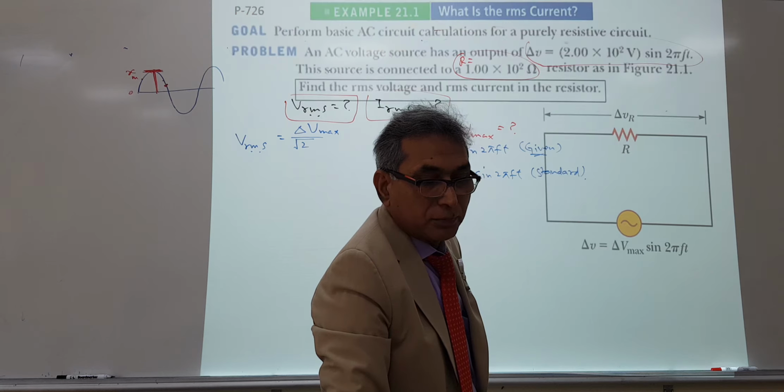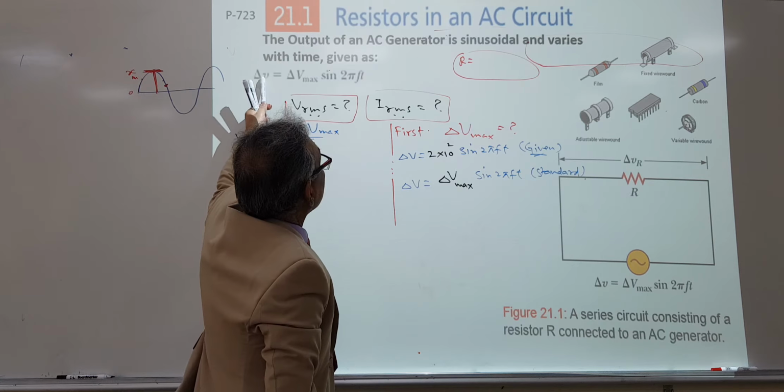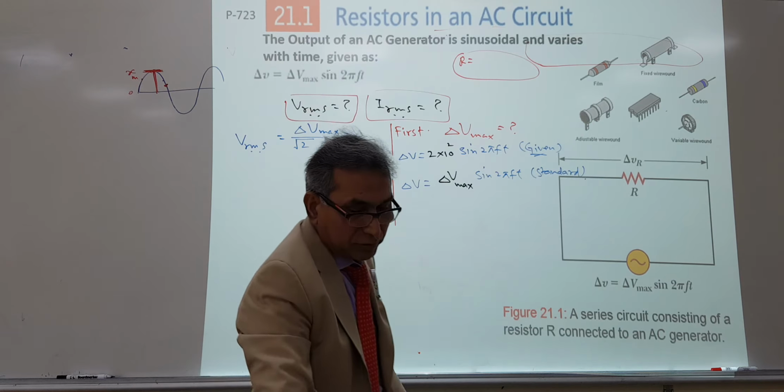You remember we did this one here: delta V is equal to delta V max sine 2 pi f t.